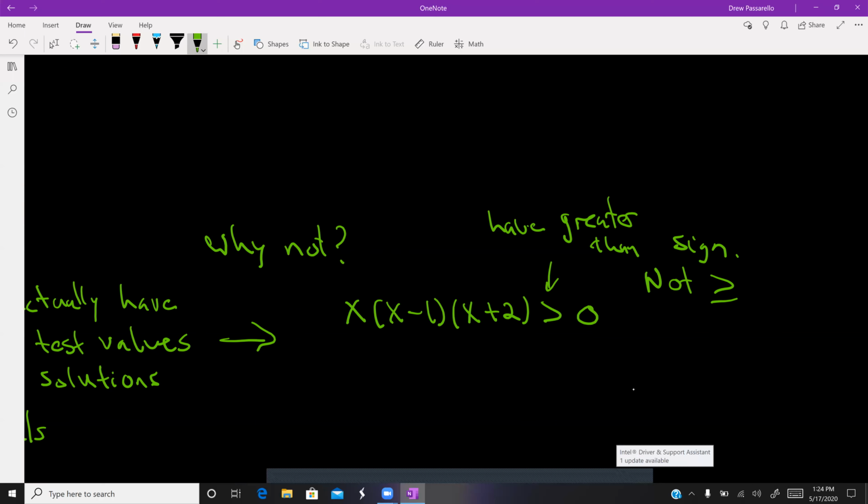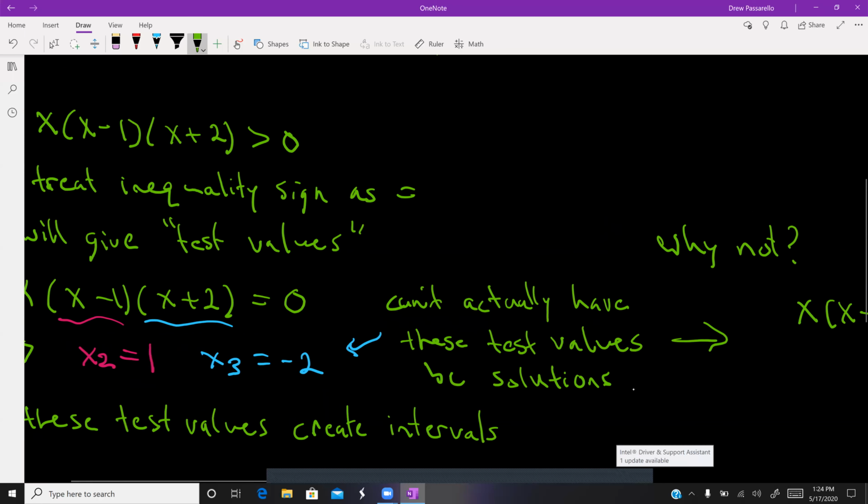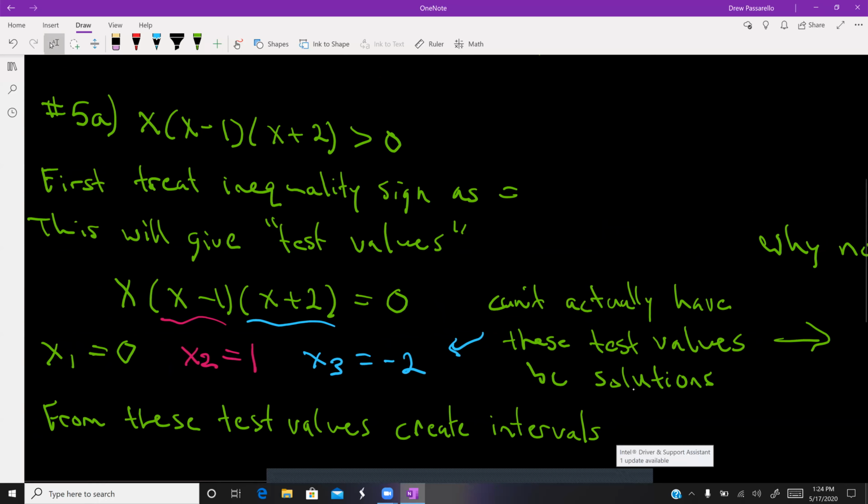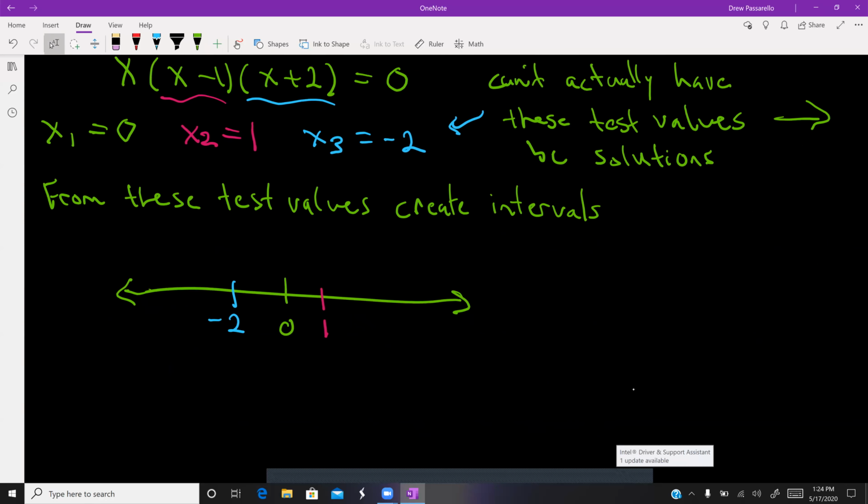Now, if you had the greater than or equal to, since it's two possibilities, it could be greater than or equal to, then I could have those be possible solutions. Okay, so now that we know these test values are not going to be part of our solutions, but from these test values, we can form intervals.